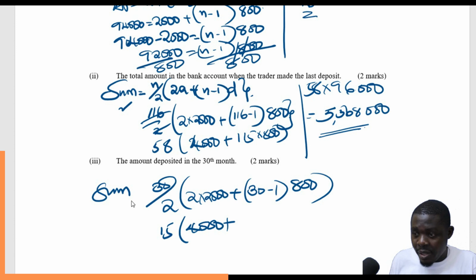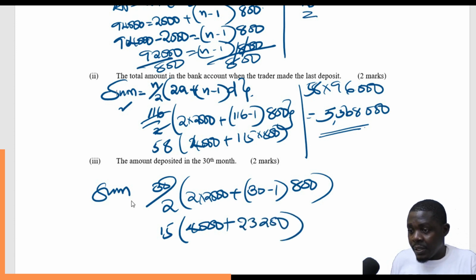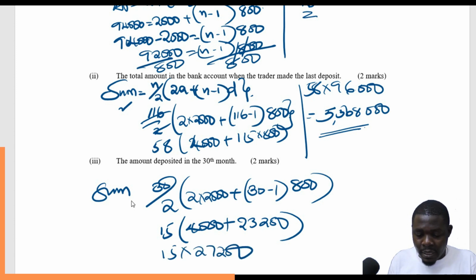You get 23,200. Now 15 multiplied by 27,200, adding 4,000, we multiply 27,200 by 15.